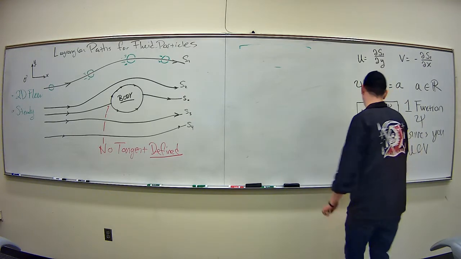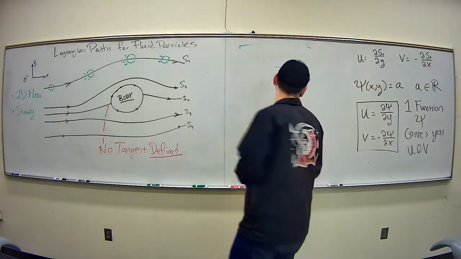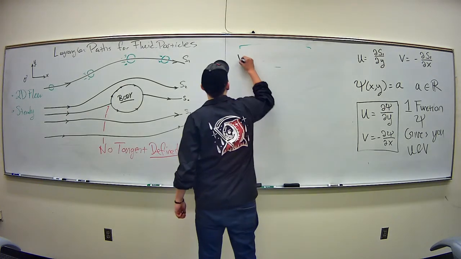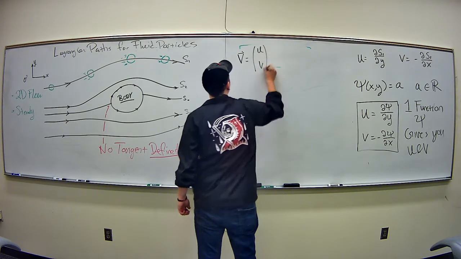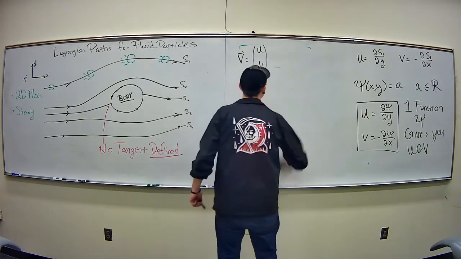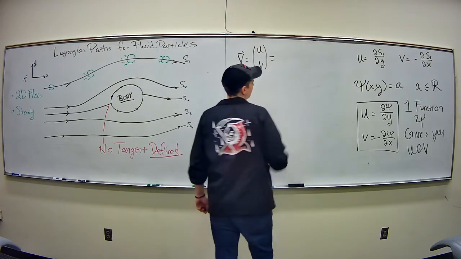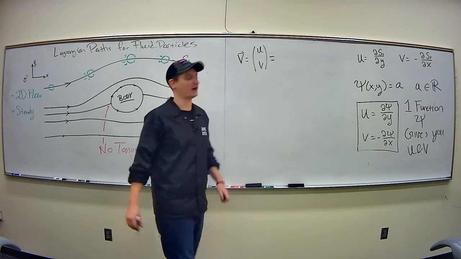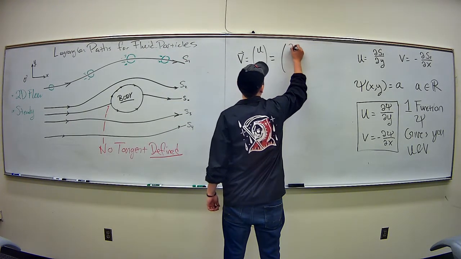So now let's think about this. I have a u and v now defined by this psi function. So one way you think about this now is my velocity vector, which is a u and a v. I have some new relationship I can write using it, where I have some special type of derivative operator that looks like this. And it's a column vector.